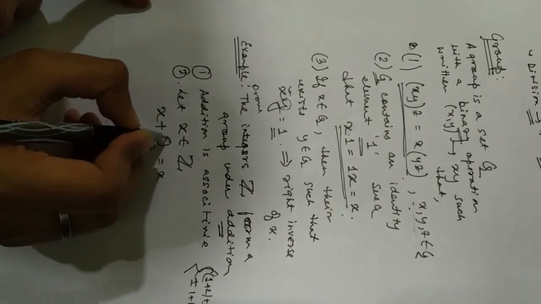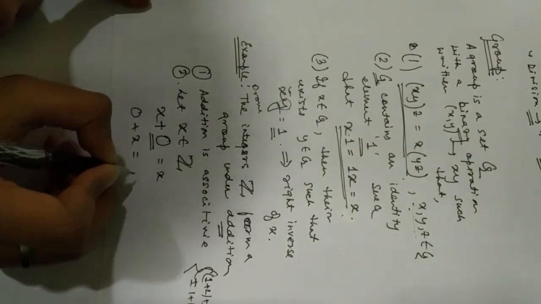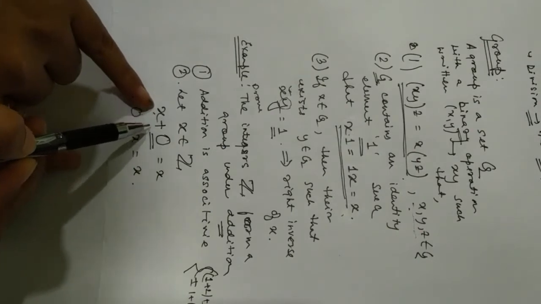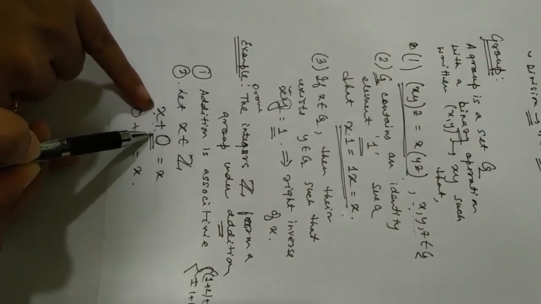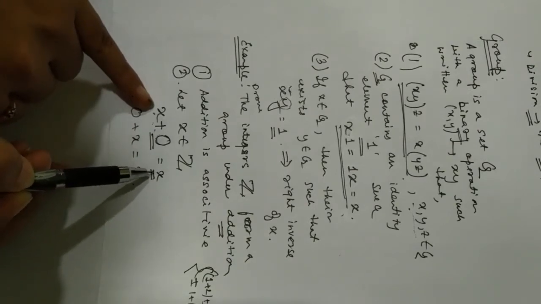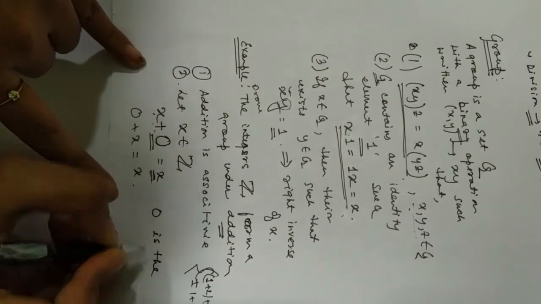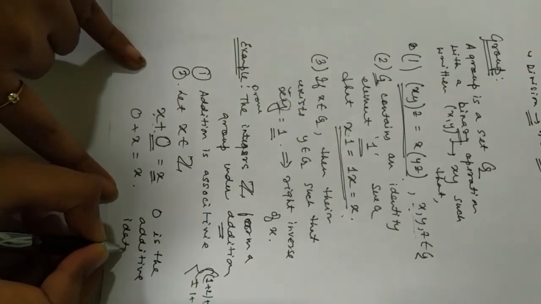Obviously x plus 0 gives me x, right? Also 0 plus x gives me x. That means any element and the identity element connected by the binary operation gives me the original element. That means 0 is the additive identity. See, the second axiom gets proved.